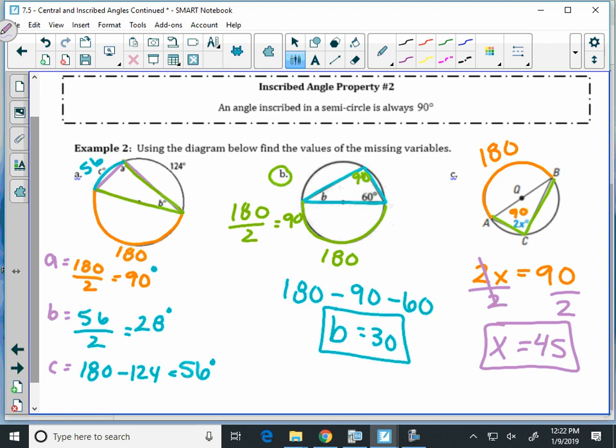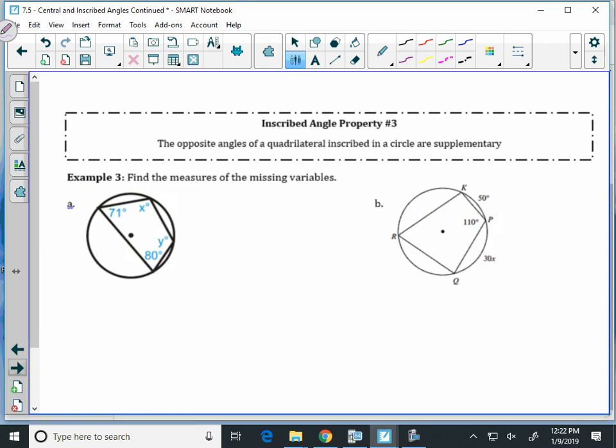Okay, so the properties on the front, you don't have to necessarily remember them exactly. You can do some math and still get the right answer. But this property on the back, when you flip it over, you have to remember what this is. Okay, this is a really important one. You have to remember this fact. Okay? The opposite angles of a quadrilateral inscribed in a circle are supplementary.